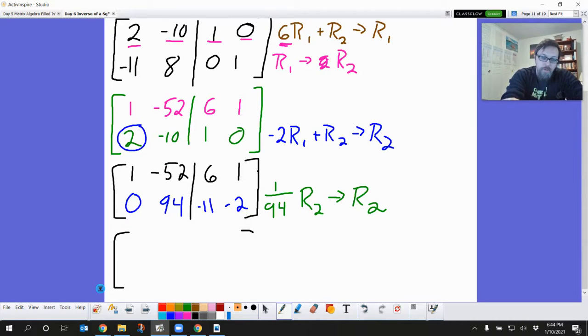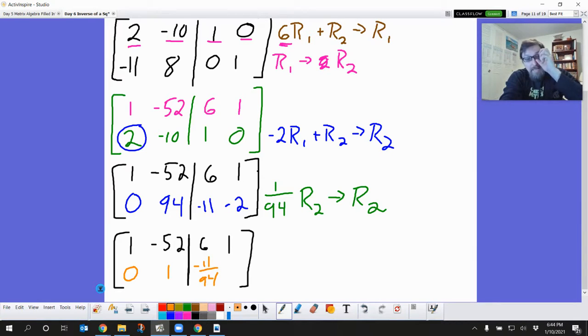Keep the top row. So my new second row, 0 divided by 94 is still 0. 94 divided by 94 is 1. And we get negative 11 94ths.